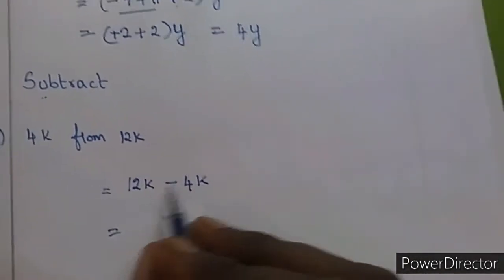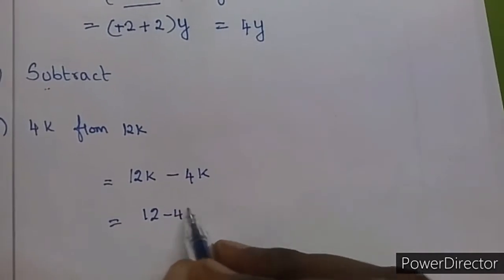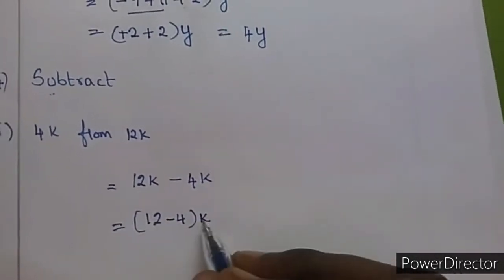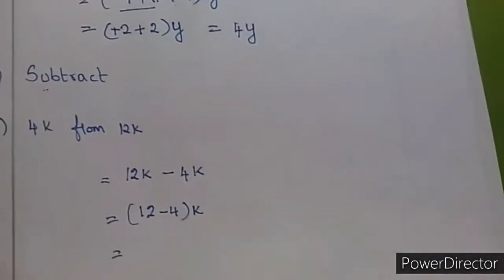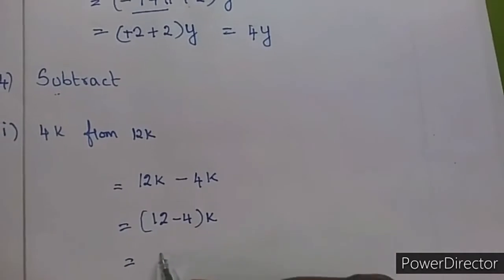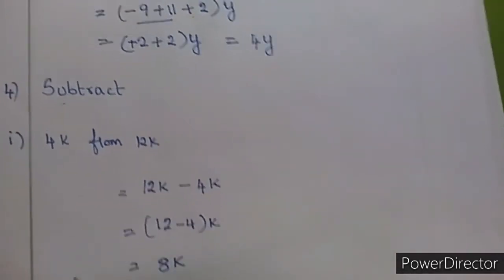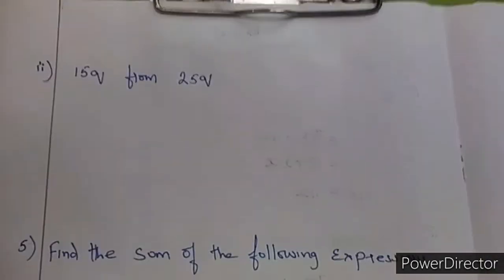As they are like terms, the variables are the same. So, take the numerical coefficients in your bracket and write the variables outside. Now, 12 minus 4 is 8, and the variable is k. So, your answer is 8k.